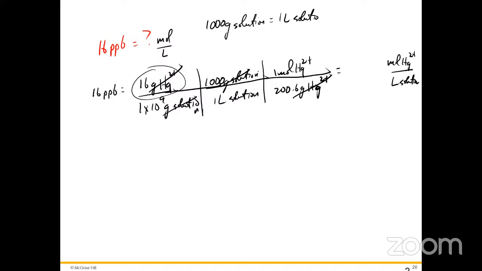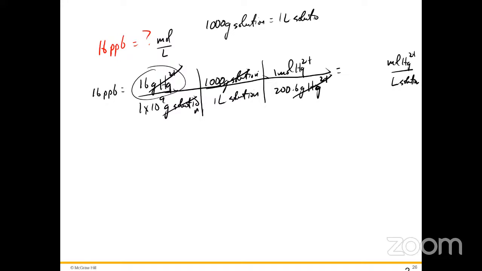So let me get my calculator. Okay, so 16 times 1,000 divided by 1 billion divided by 200.6.